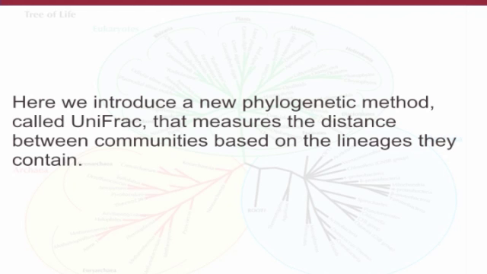So if A and B were from two different environments, then the branch length that would be unique to B would only be after that last node.